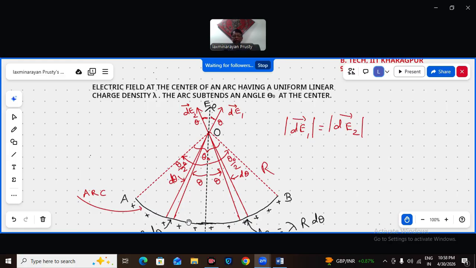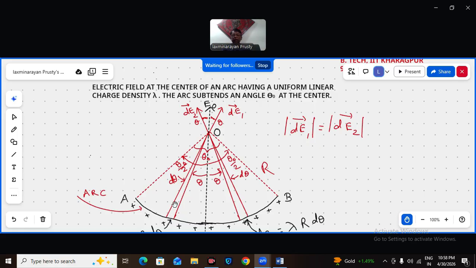To the left of that bisector, whatever charge lies, the same charge lies on the right side of the bisector. So I take two symmetric small linear charge elements on both sides of the bisector. So you see, this will produce a field along this line.